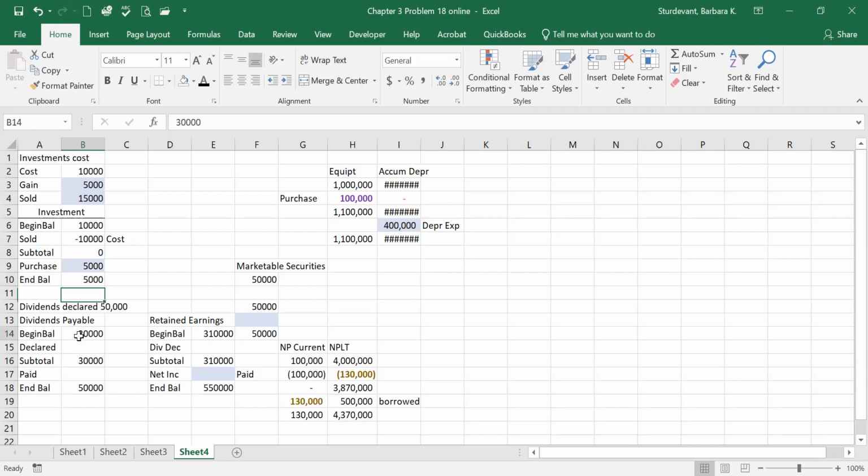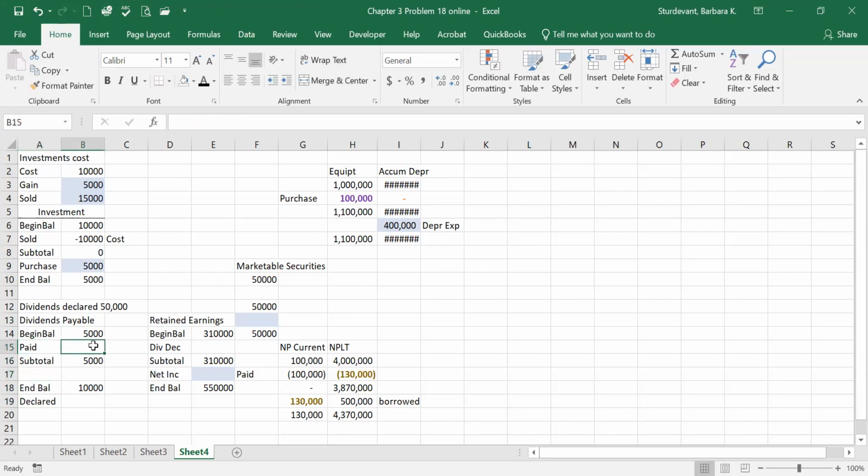Okay, dividends paid during the year were the next thing they gave us.